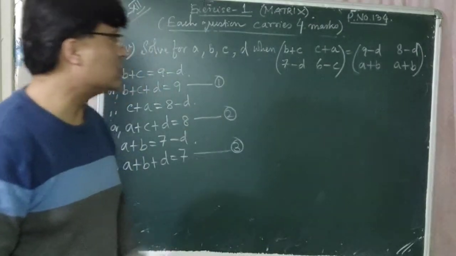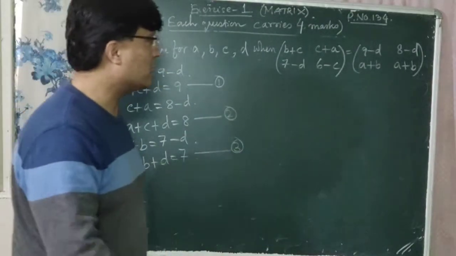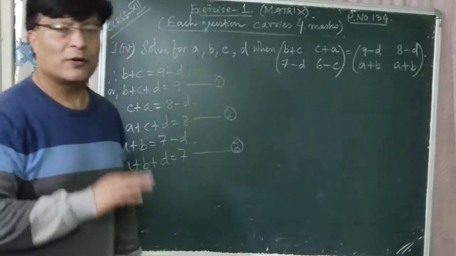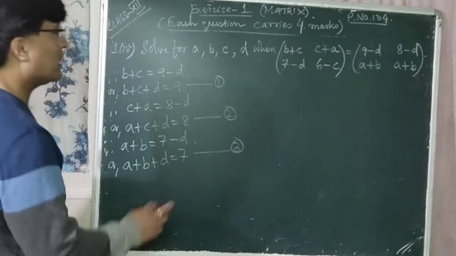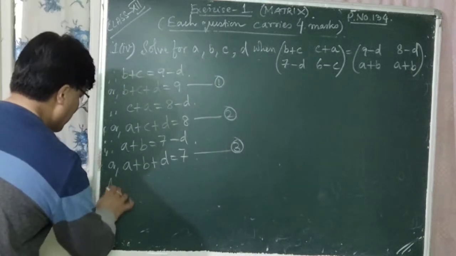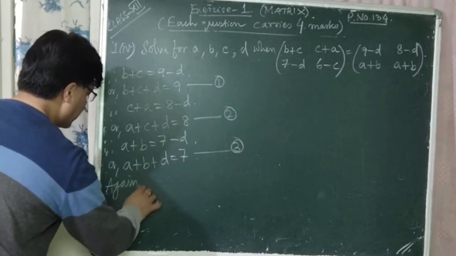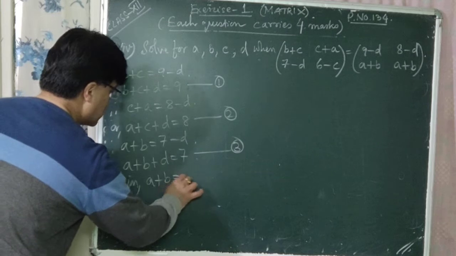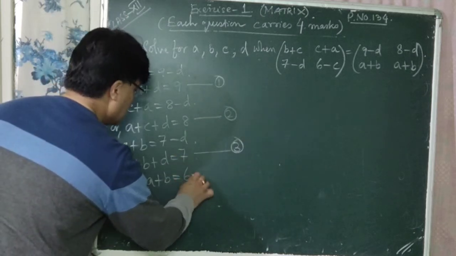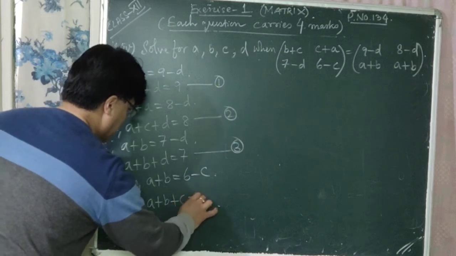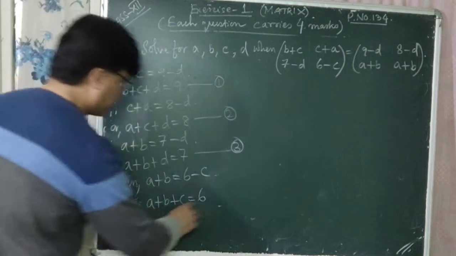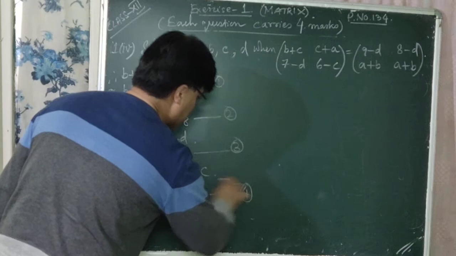So next one is you can equate the second elements from the second row on both the sides. So that means you can equate again a plus b is equal to 6 minus c, or a plus b plus c is equal to 6. That is equation number 4.